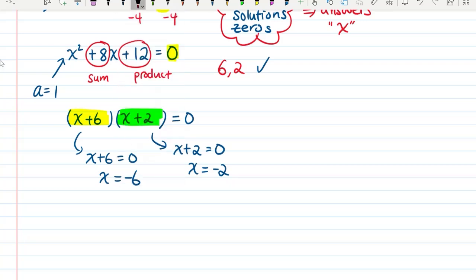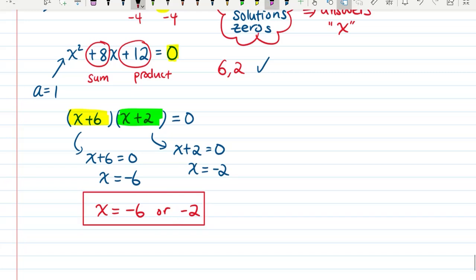So the solution at the end is x is negative 6 or negative 2. We're using that "or" in mathematics, which means it's an inclusive OR. So x can be -6, or -2, or it can be both. So that's going to be our solution for this example.